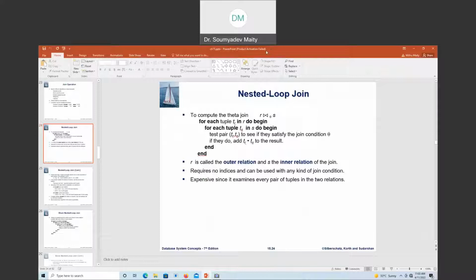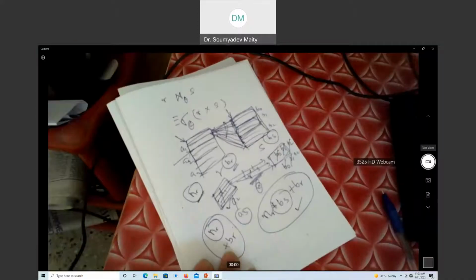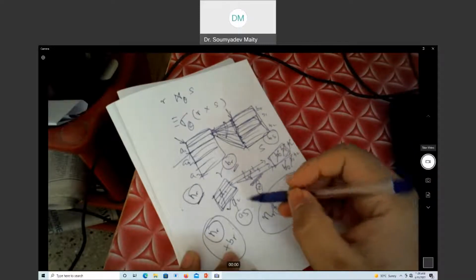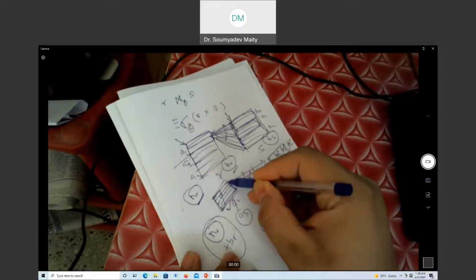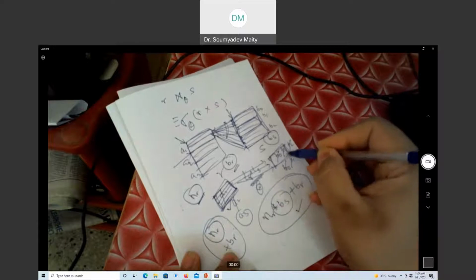In our previous class, we were discussing nested loop join, and we were also analyzing its cost in the worst case. The worst case scenario is that we have memory available only to hold one block of each relation: one block of the inner relation and one block of the outer relation.